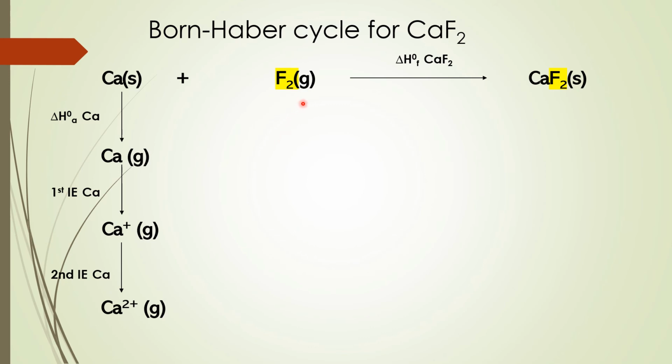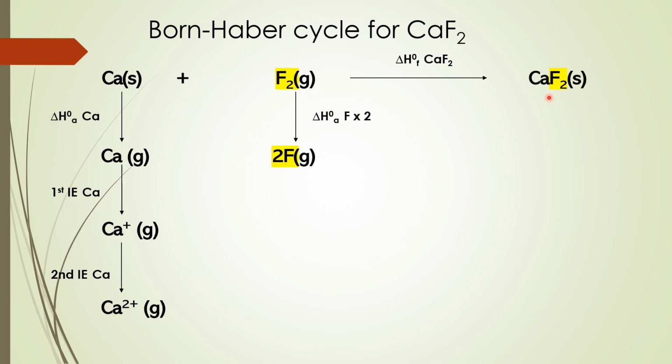Look at the formula of calcium fluoride. From the formula, 2 moles of fluoride ion are required. So, in atomization of fluorine molecule, we need 2 moles of fluorine atom. Therefore, the enthalpy of atomization of fluorine will be multiplied by 2.